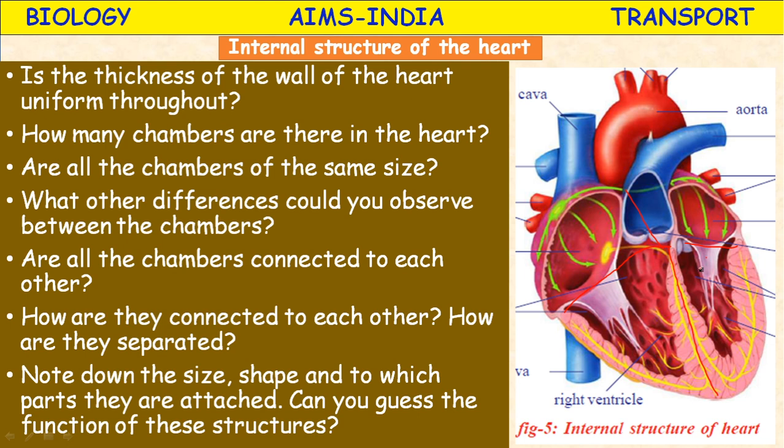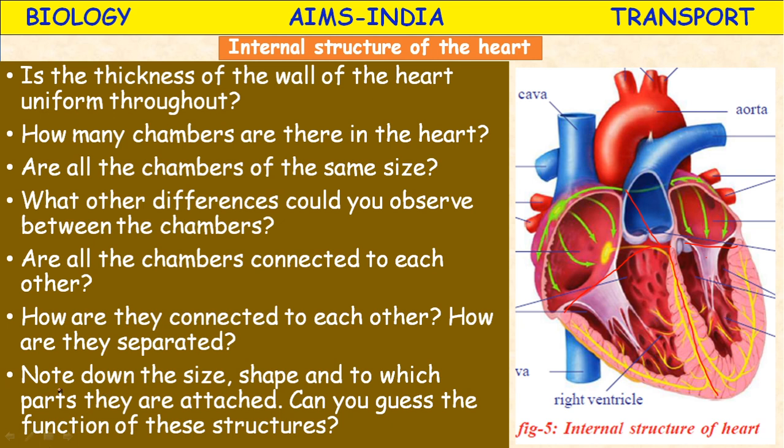In this way, the auricles and ventricles are connected to each other. The left auriculoventricular aperture, with the mitral valve, regulates the blood flow from the left auricle to the left ventricle.